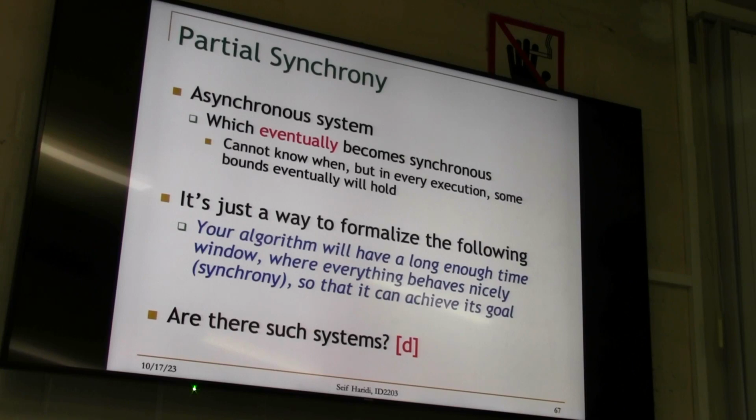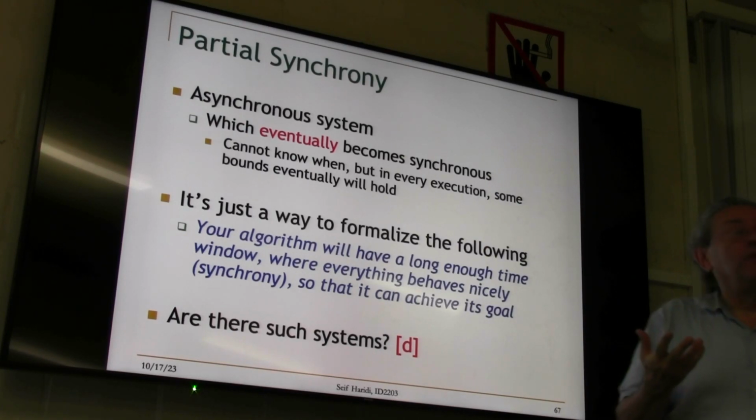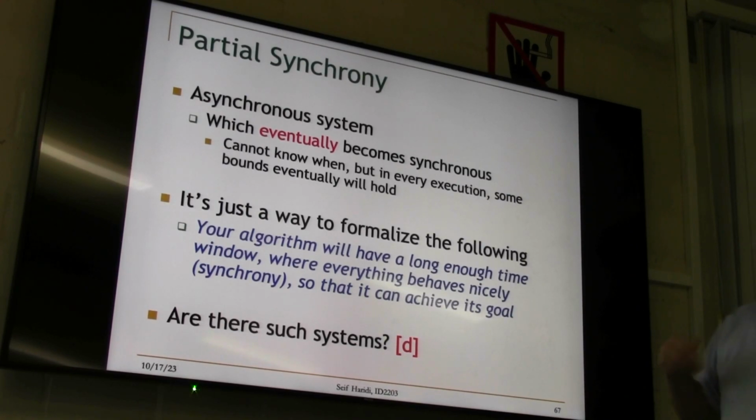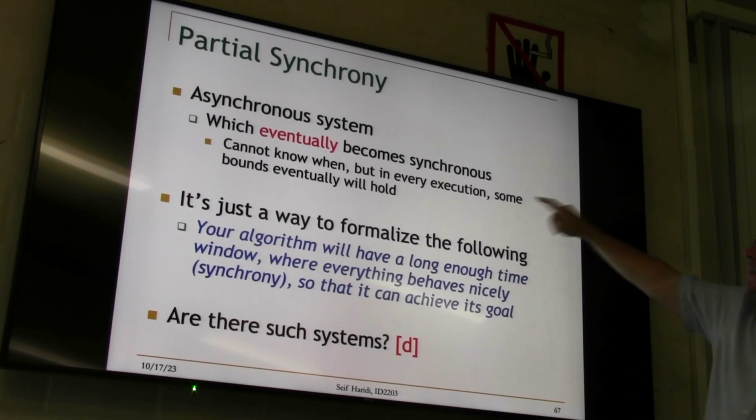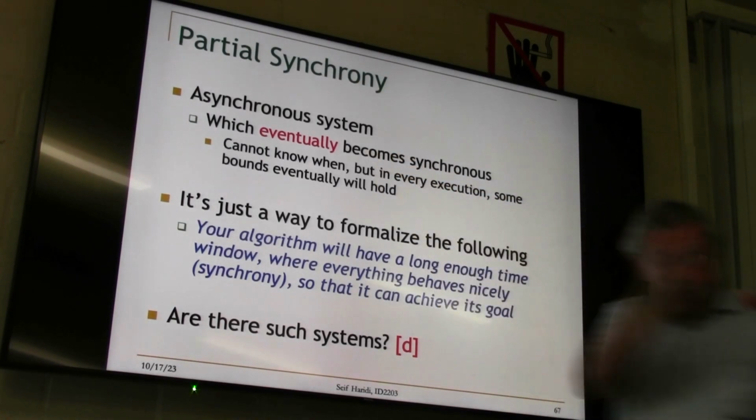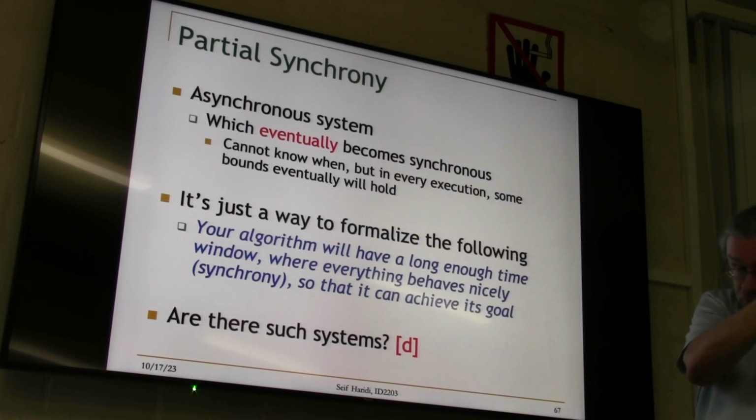Okay? So how do you formalize that? Because you don't know any of these bounds. You don't know the numbers. I mean, yeah, you can measure them, but in this course we're looking at correctness. So all we know is something kind of vague. The system starts, when it starts running, it's asynchronous. It means there's no bounds.